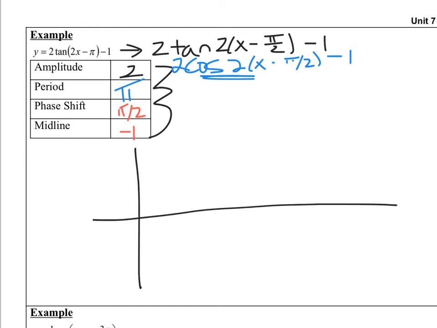So let's graph this cosine function. I'm going to go in terms of pi's over 2. So right pi over 2, down 1, up my amplitude, down my amplitude, and run for my period, which we said is pi.